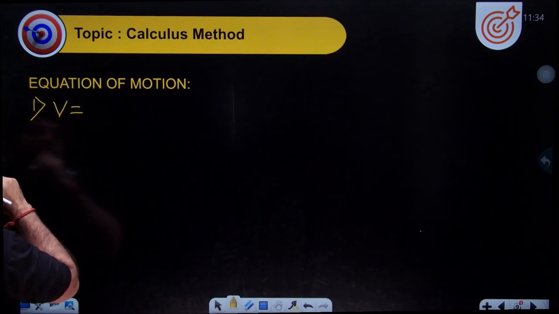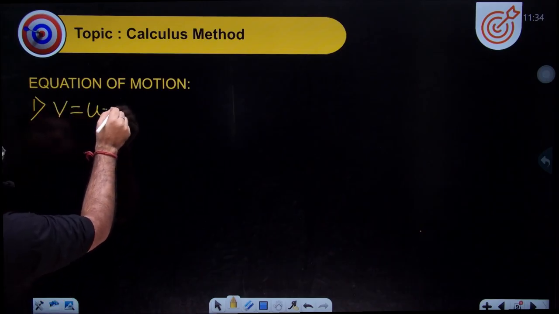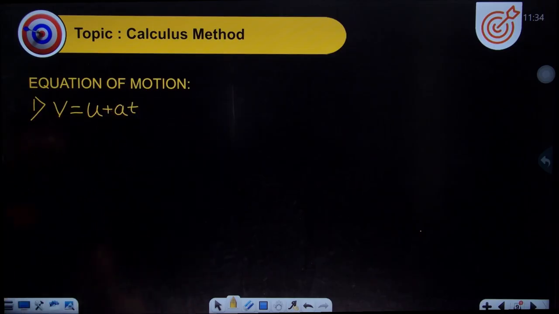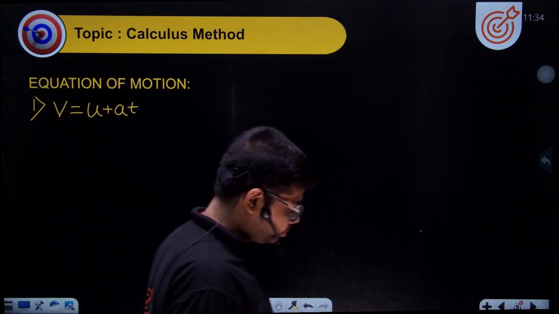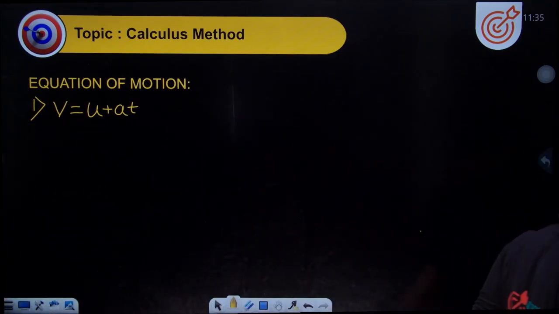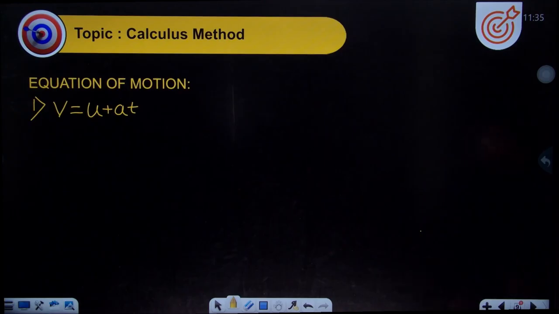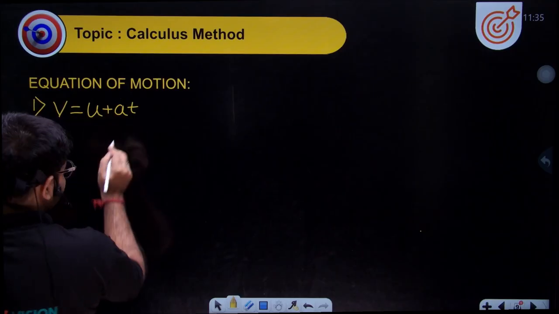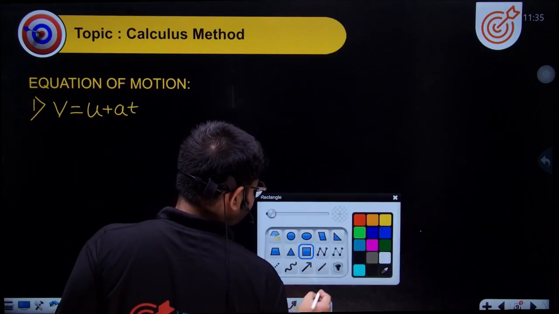We have discussed it: v is equal to u plus at. If that is so, how to derive it?